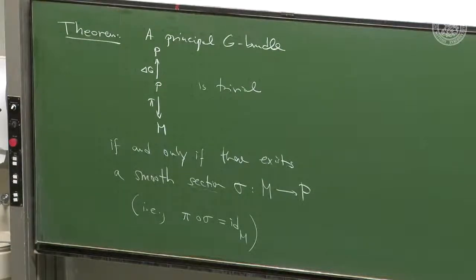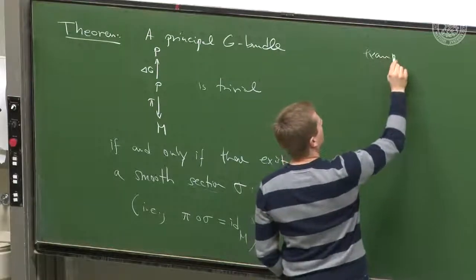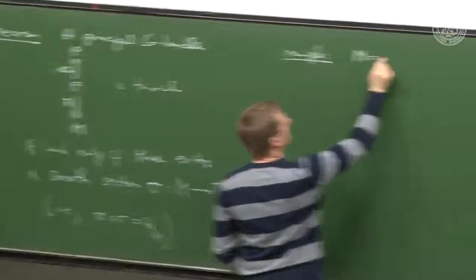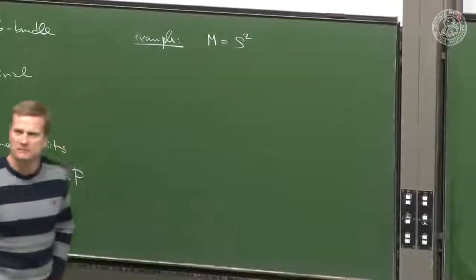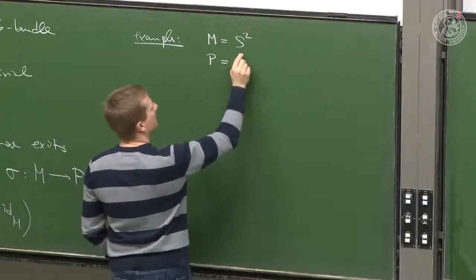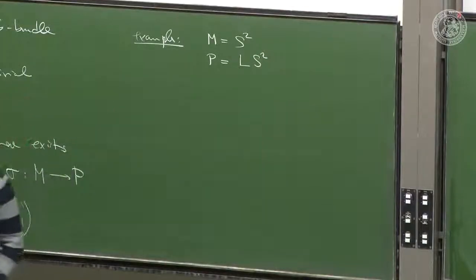So now before we enter the proof of this, let's invoke something we know. Let's look at the following example. Say M is the two-sphere, and the total space is the frame bundle of the two-sphere.